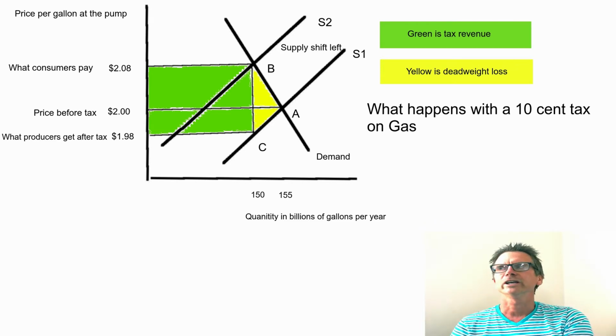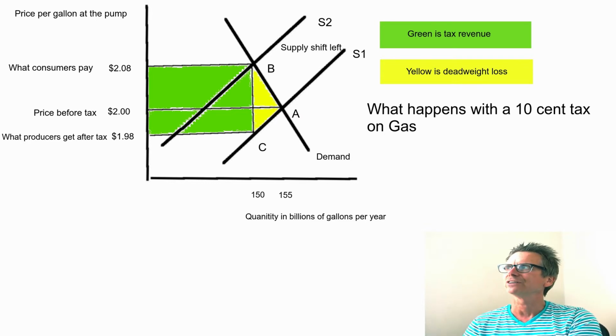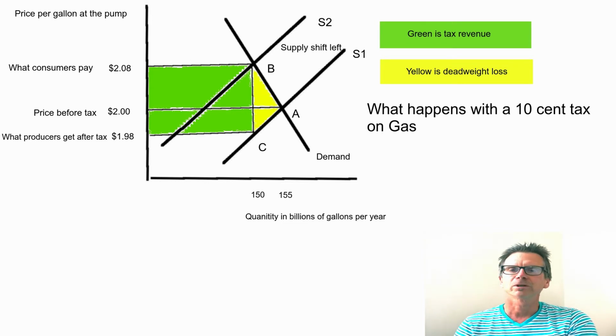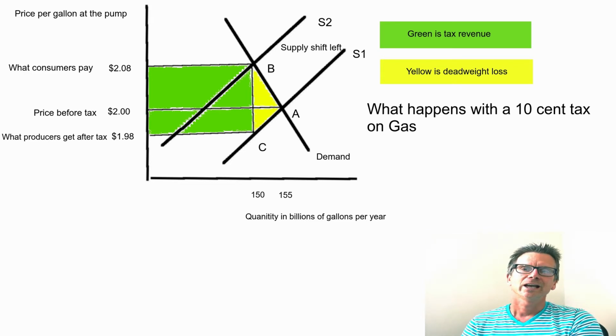So if the question is, what happens with a 10-cent tax on gas, you've got to be able to draw this shift, and you've got to be able to identify the math. It's just simple arithmetic: how much of that 10 cents the consumer pays and how much the producer pays. Now the question is, does it matter?